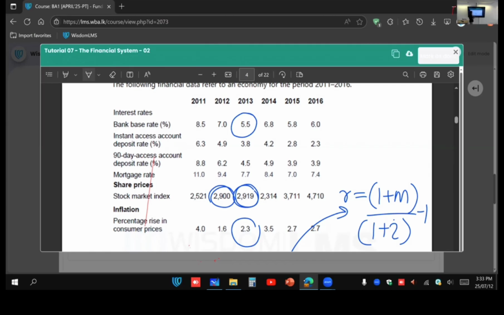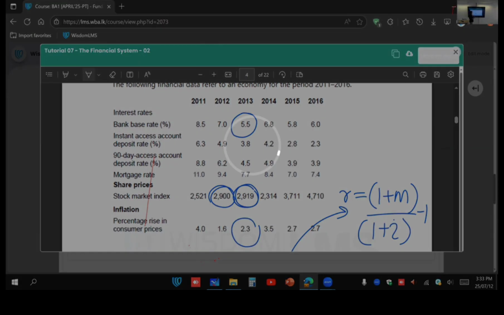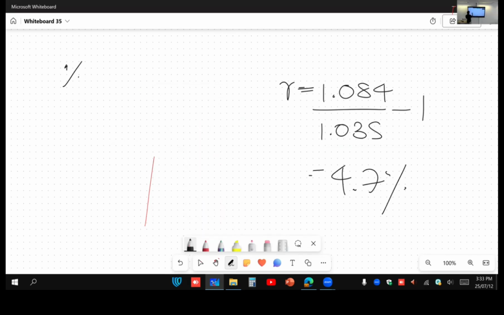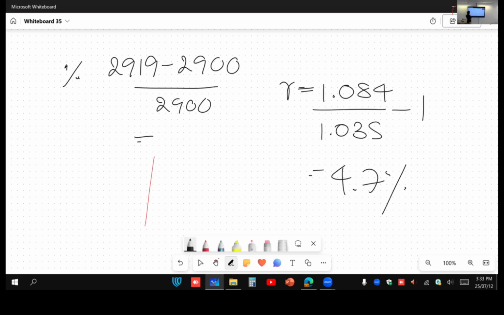Calculate what's it? Percentage change in share prices, 0.66.